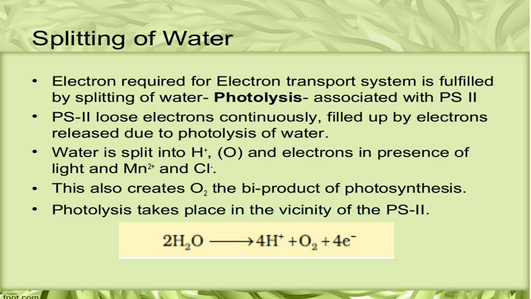This also creates oxygen as the byproduct of photosynthesis. Photolysis takes place in the vicinity of PS2. 2H2O is released to form 4 protons plus oxygen plus 4 electrons.